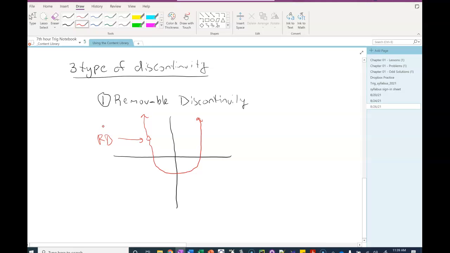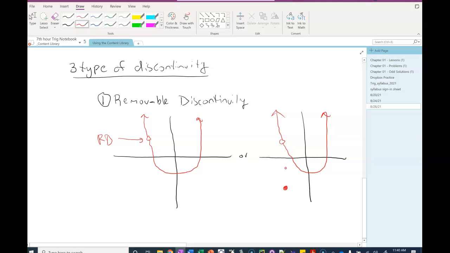Everybody's okay with that? Now, it still counts as a removable discontinuity if we've taken that missing point and put it somewhere else. So instead of being where it should be, I moved it down there or something.